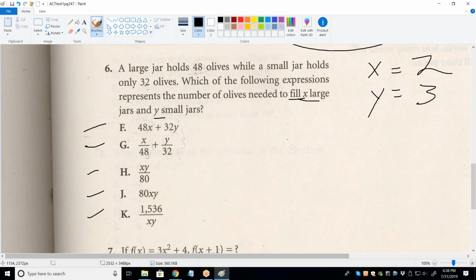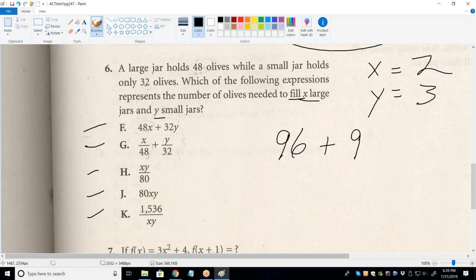Okay. And if I wanted to fill 3 small jars, three times 32.